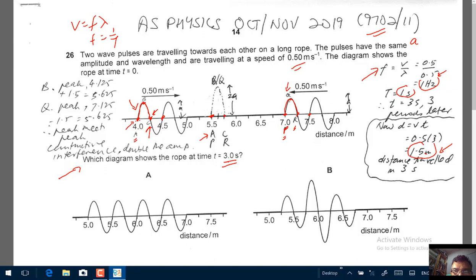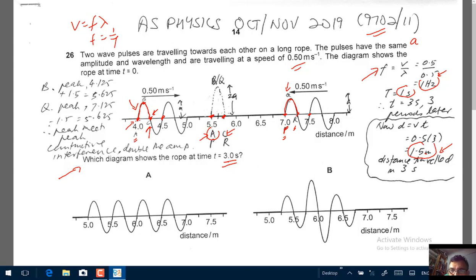This is C. Let me tell you again. A is 4.0 plus 1.5, which is 5.5 meter. And C is at 4.25 plus 1.5, which is 5.75, the midpoint of 5.5 and 6. So you have found point A and C.